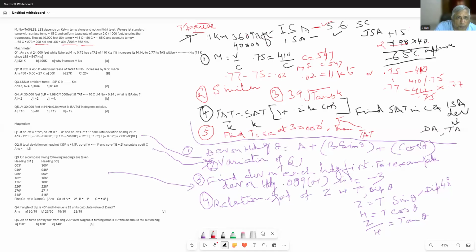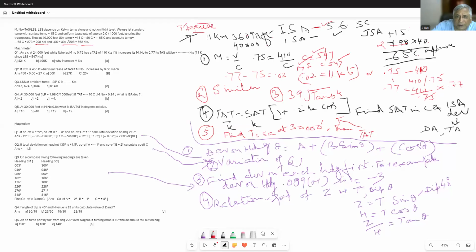Your speed of sound will be 410 divided by 0.75, which will be 547. So if the aircraft is at Mach 1, speed of sound and TAS both will be 547. So Mach 1 is 547 and Mach 0.02 will be 547 into 0.02, that is 11 knots.